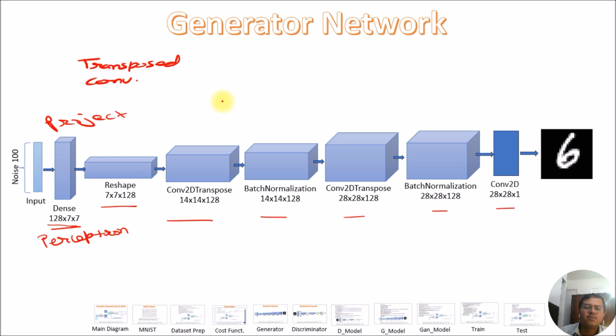So this is called transposed convolutions. The main purpose of this transposed convolution is to increase the size of images. For example, from input 100, it can increase it to 28 by 28 by 1. So what is the use? We call this deconvolution or expansion of images.